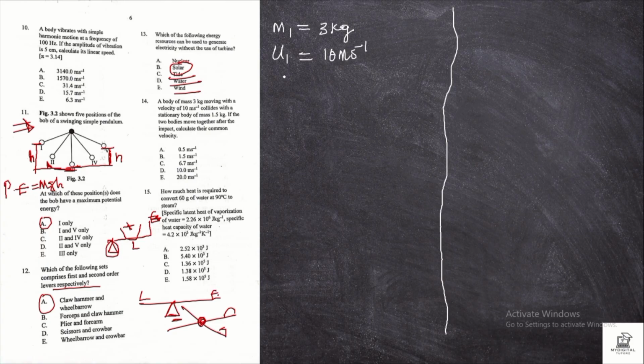Then we have another body, call it M2, of mass 1.5 kg. Since the body is stationary, its initial velocity u2 is equal to 0 meters per second. Then we are asked to calculate the common velocity, which is v.